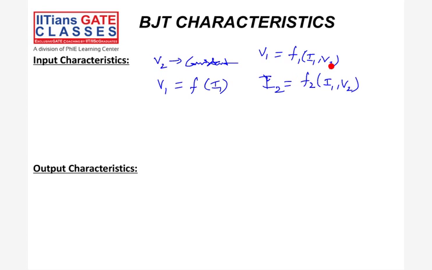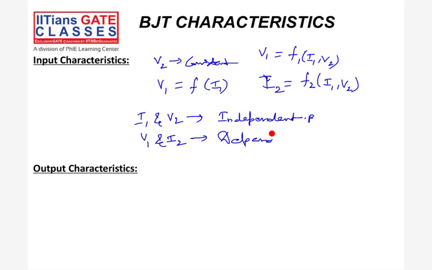So I1 and V2 are independent parameters, and V1 and I2 are dependent parameters. So we have these 4 parameters, 2 are independent and 2 are dependent. The dependent ones depend on the independent parameters.